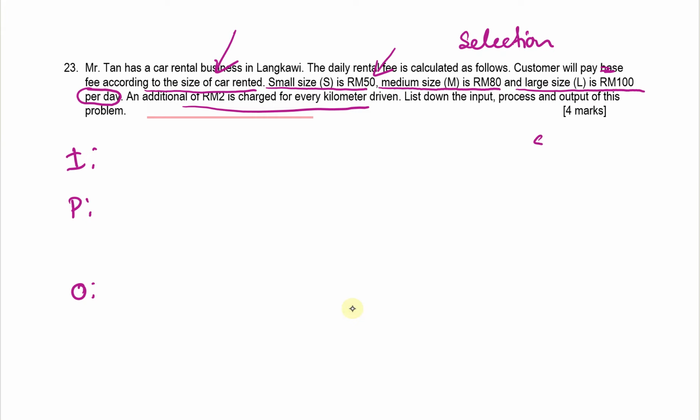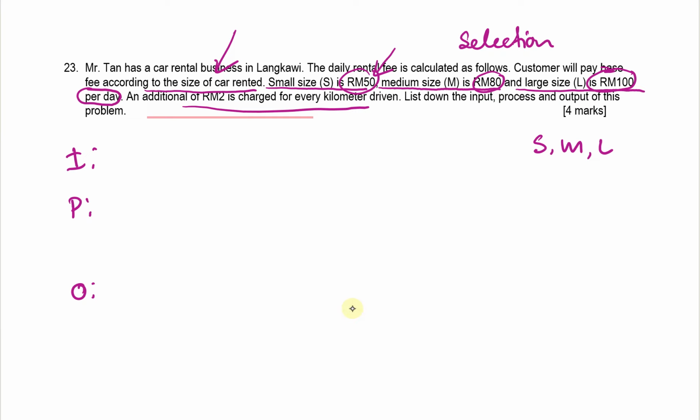Whether it is S, M or L. So now 50 ringgit, 80 ringgit and 100 ringgit, this one is a fixed value. You don't have to write it in the input. Fixed value and also constant, you don't have to write in the input. So now, what is your input actually?